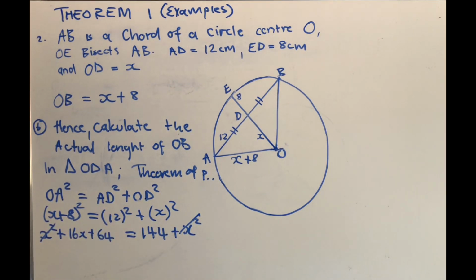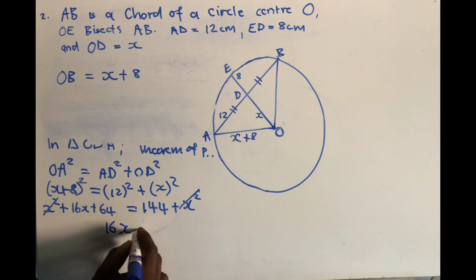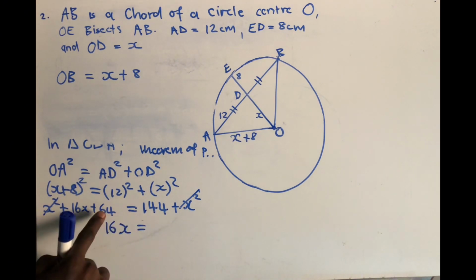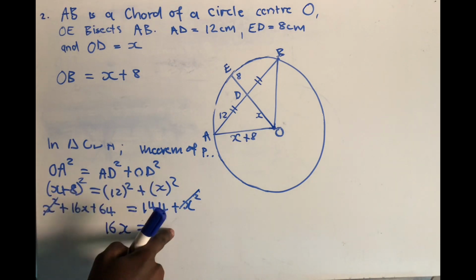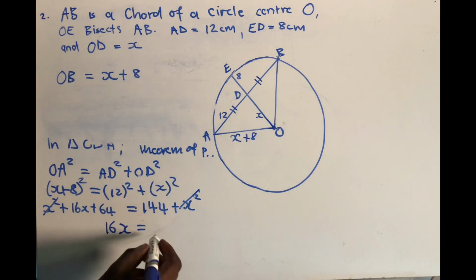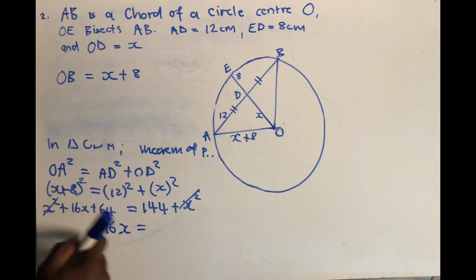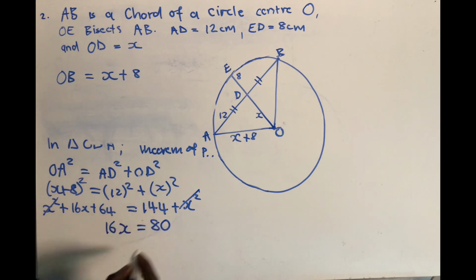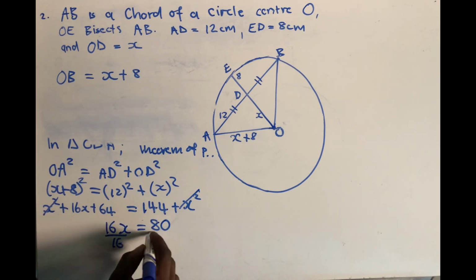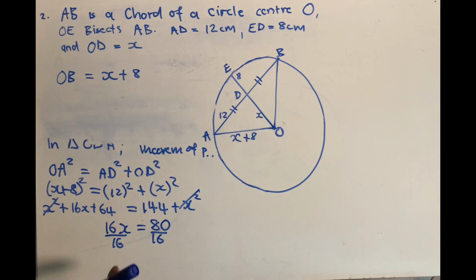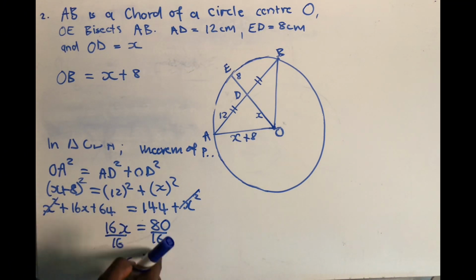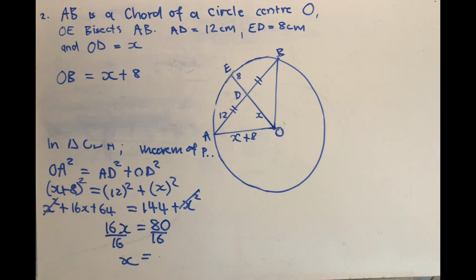And then now you'll be left with 16x equals 164. Take this, it's positive. When it jumps the equal sign, it becomes negative. And then you have 144 minus 64. You get 80. Divide by 16. X is equal to 80 divided by 16.